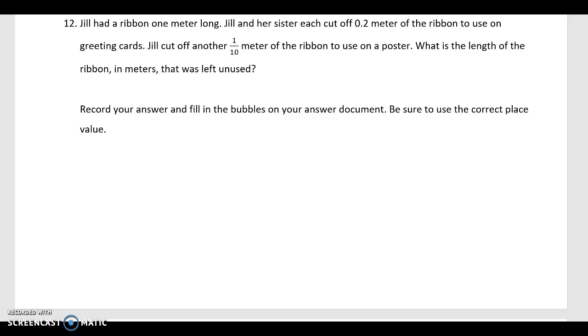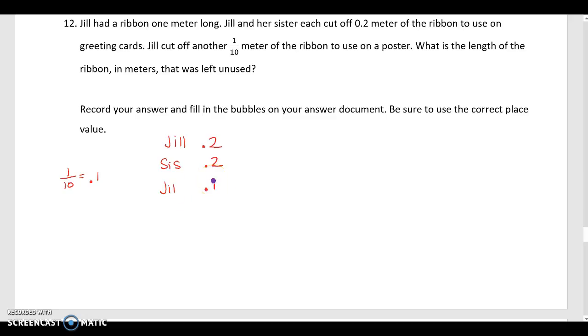Okay, so Jill cut off 0.2 meters. Her sister cut off 0.2 meters. Okay. Jill cut off another 1/10 of a meter. So 1/10, I know that means it goes in the tenths place, so 0.1. So then Jill cut off another 0.1.